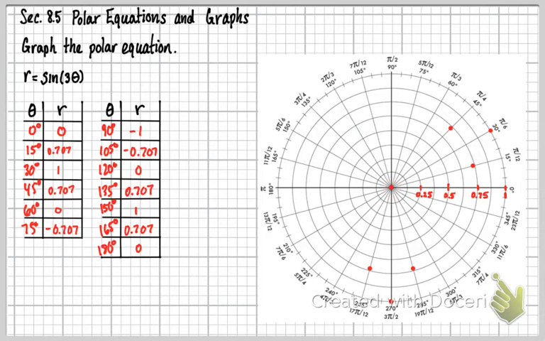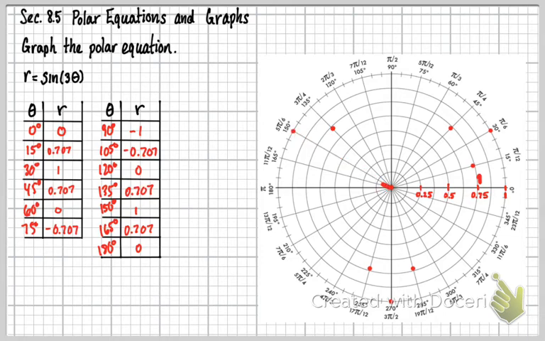All right, and then my next one is going to be 135 degrees, and that's here. And that's going to be 0.707. So I'm going to go all the way up until there about. And then the next one is 150 degrees, that's here, and there it's going to be 1.